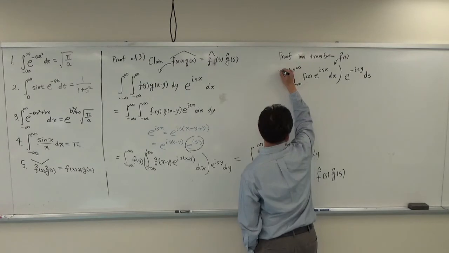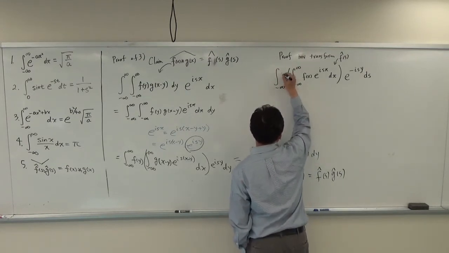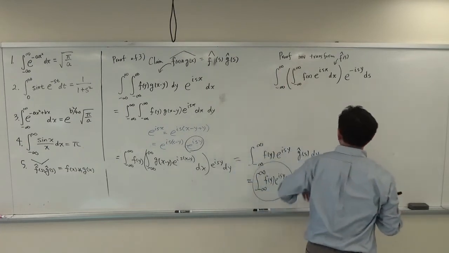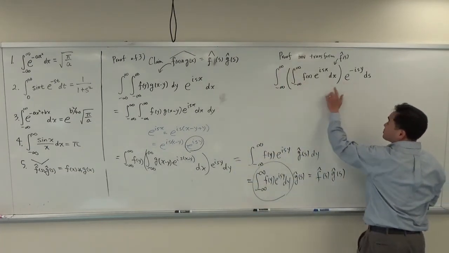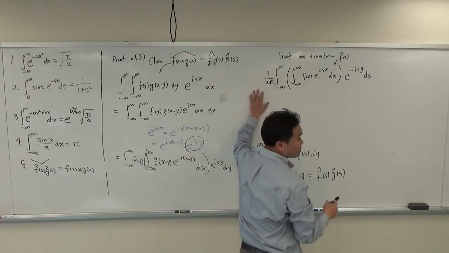My goal is to end up with a function of y. So if you take the Fourier transform and take the inverse transform, by the way, there's a factor of 1 over 2 pi when you do the inverse transform.